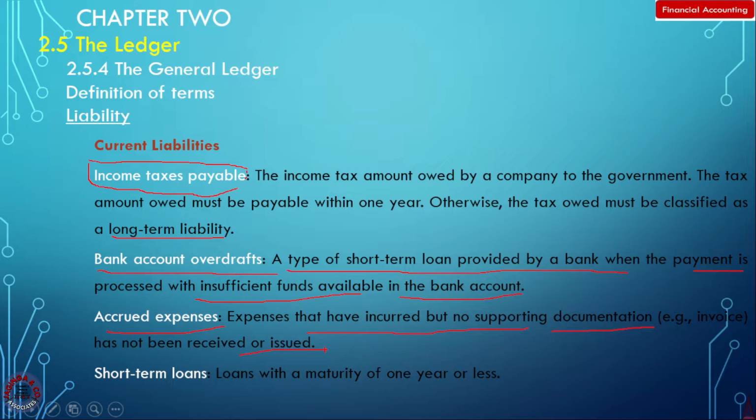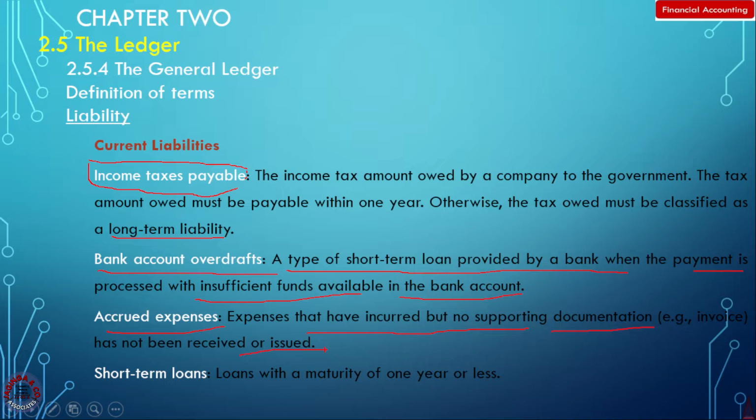So when you put the expense in your books, but you've not paid for that expense, you are saying you are accruing expense. And the same applies to when you've taken a loan, and then the loan is earning interest, but you've not paid that interest. So the loan is earning interest on a monthly basis. So after each and every month, you're supposed to pay that interest. So when you don't pay that interest that you've incurred after a month, you will put that interest in your books.